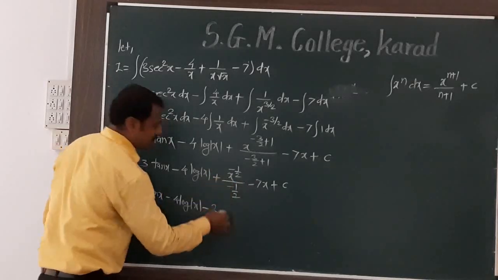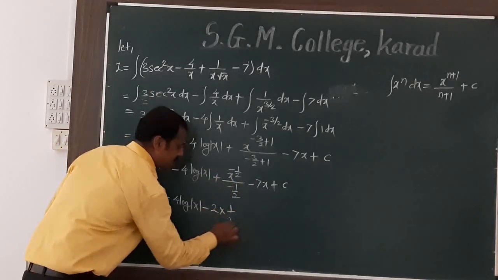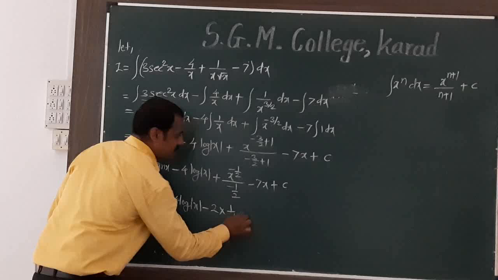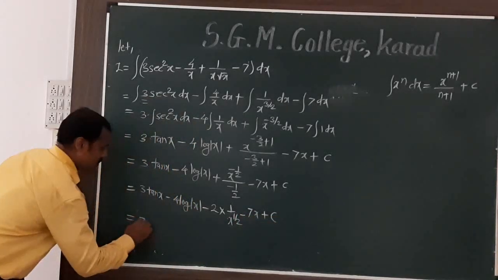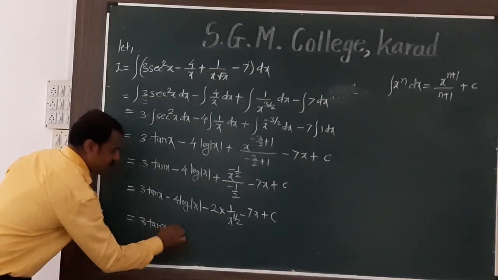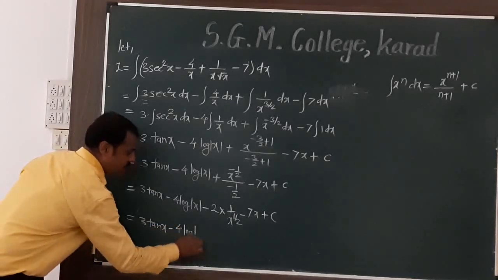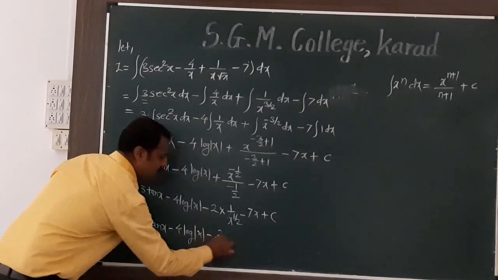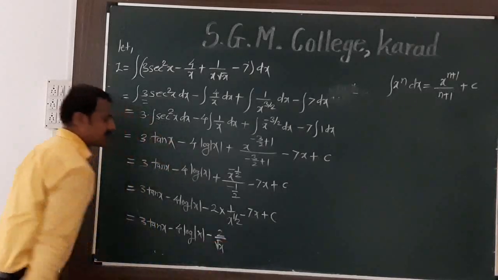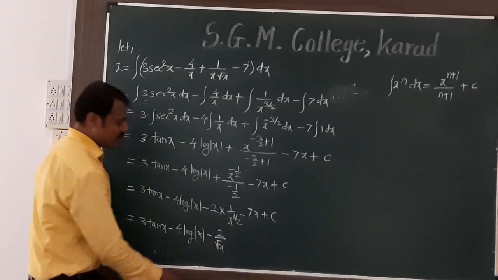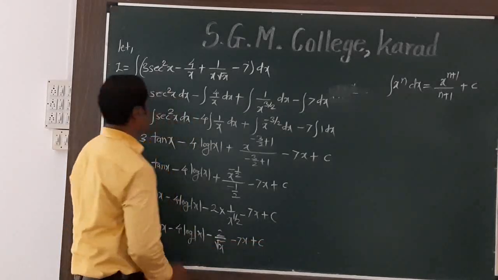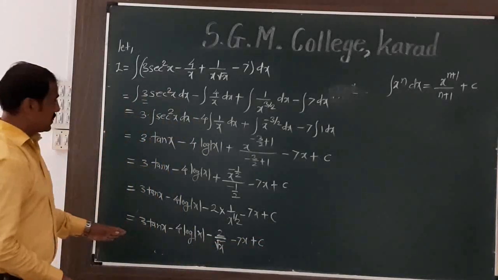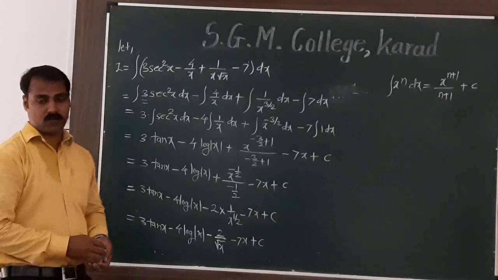X raised to minus half can be written as 1 upon x raised to half, minus 7 into x plus c, which is equal to 3 tan x minus 4 log of mod x minus 2 divided by x raised to half, which is root x, minus 7 into x plus the constant of integration c. It is the answer to the given question.